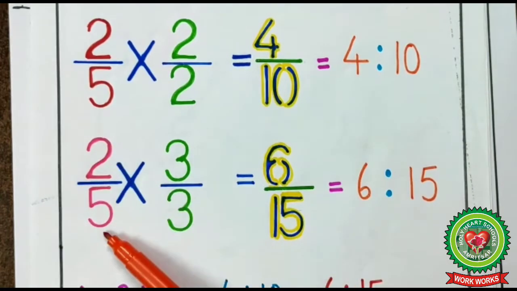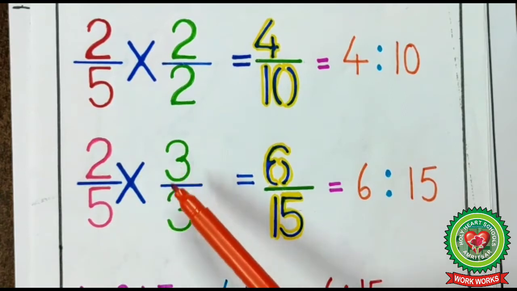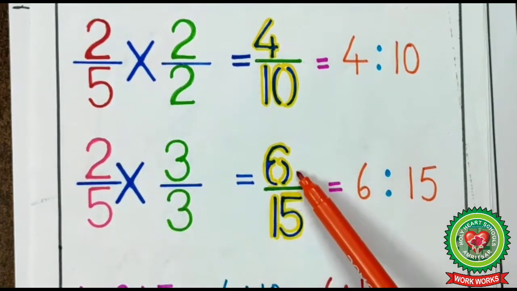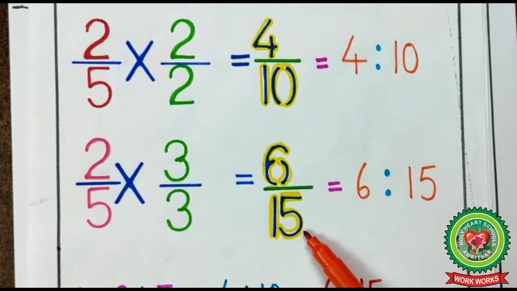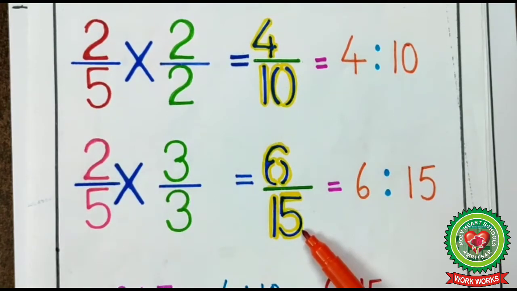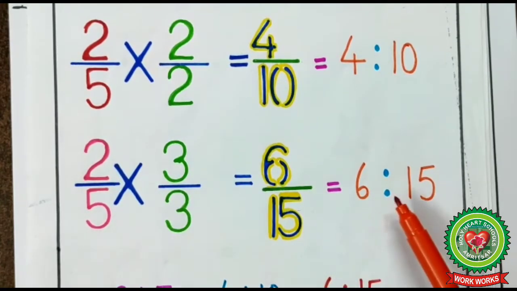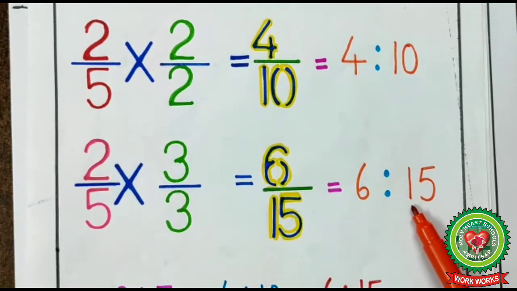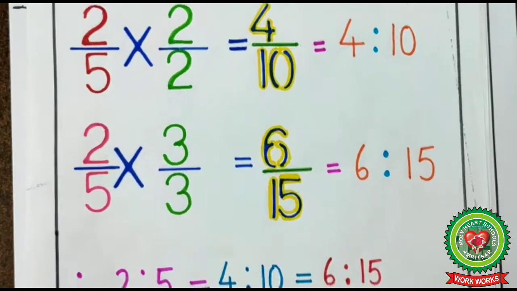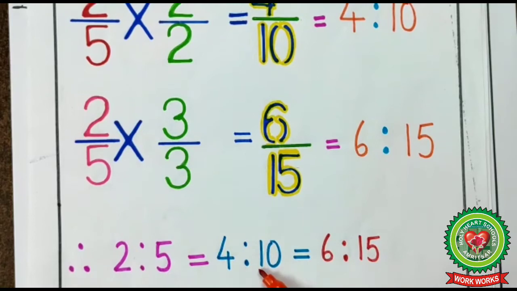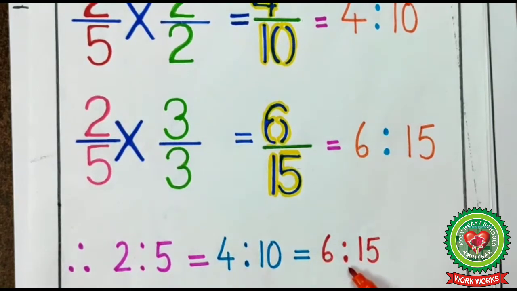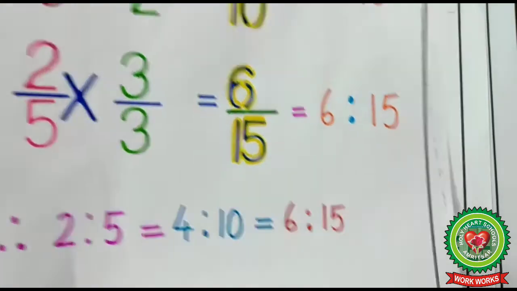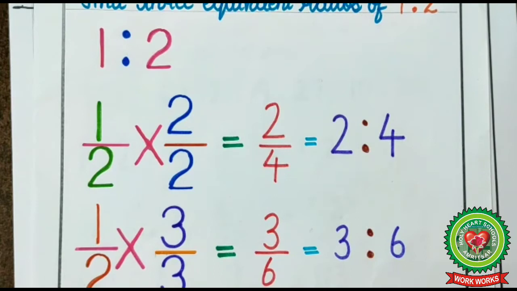Here 2/5 multiply 3/3 gives 6/15. And in ratio we will write it as 6:15. Therefore 2:5 equals to 4:10 equals to 6:15. Now let's see one more example.